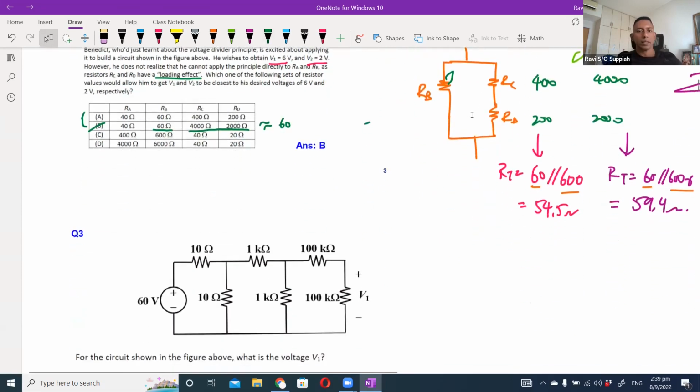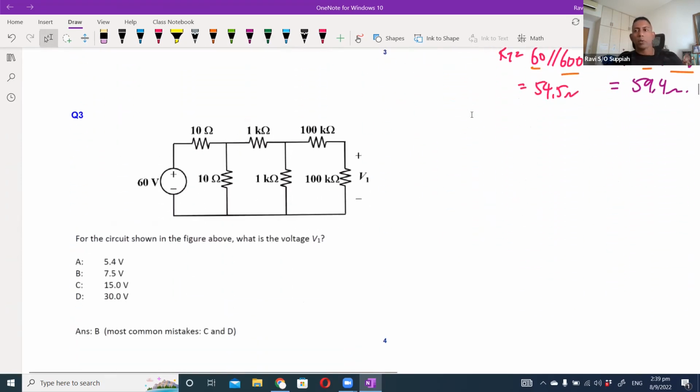Question 3 is tying back with the same idea as question 2, and question 1 also: when you have two parallel branches, you're always closer to the smallest resistance.